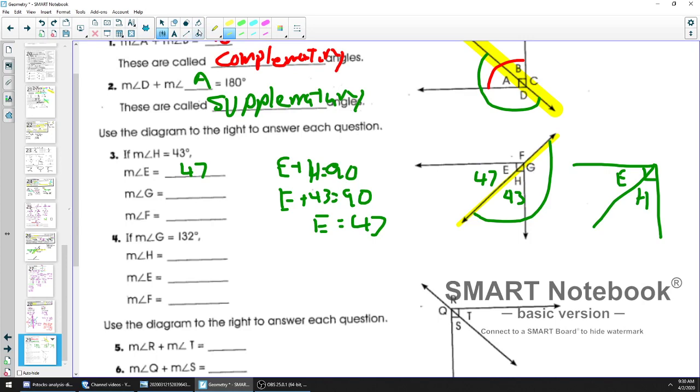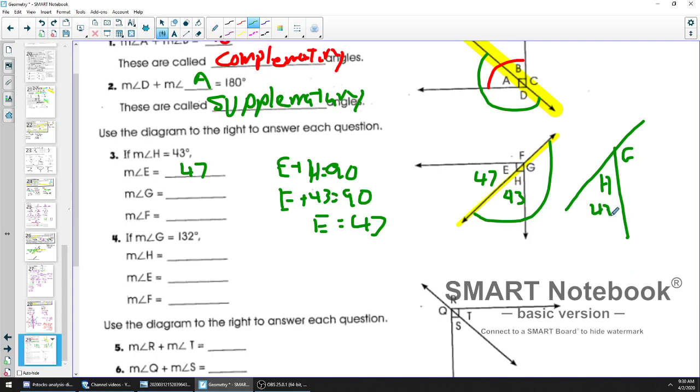If I were to draw it out, it would look something like this. G, H. Straight line. I know H is 43. I don't know what G is, but I know my equation.